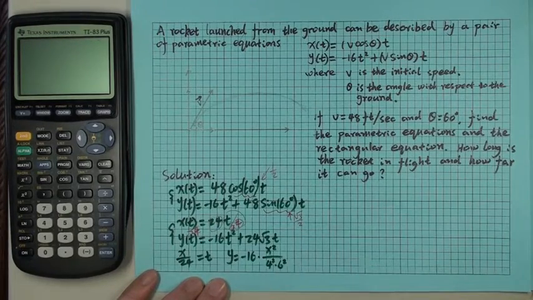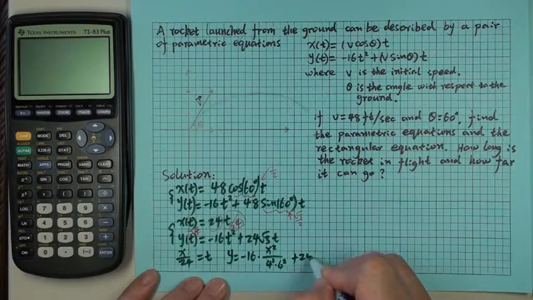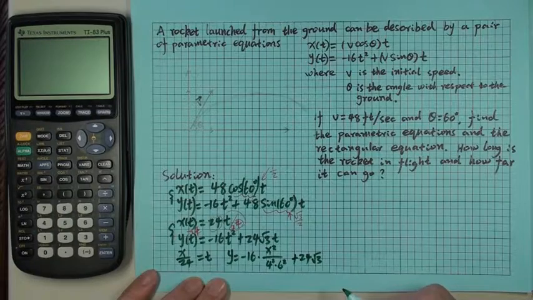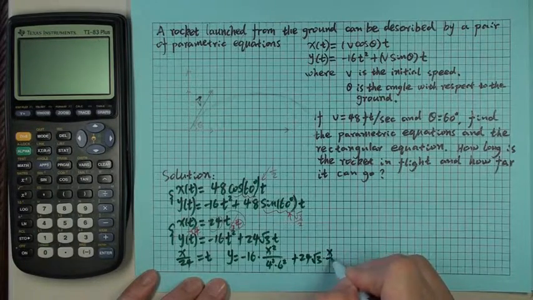Plus 24 radical 3, and then t is x over 24.